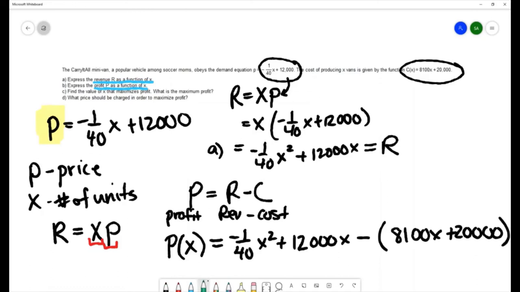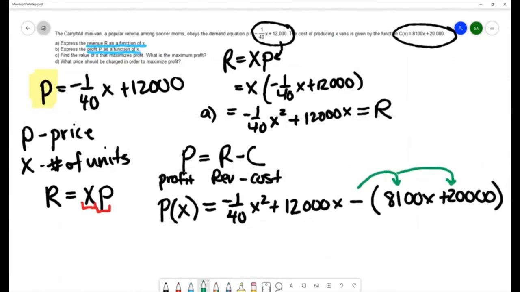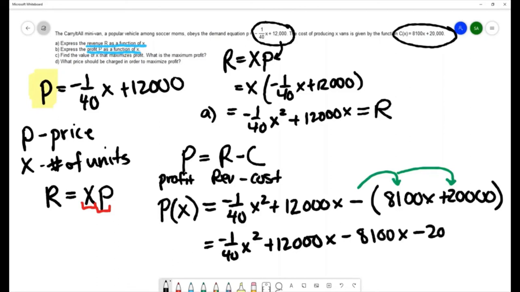I'm going to distribute that negative to get negative 1/40 x squared plus 12,000x minus 8,100x minus 20,000. So let's combine like terms.